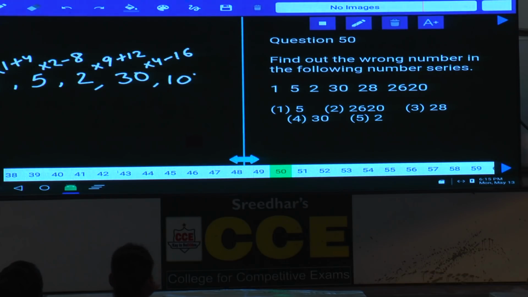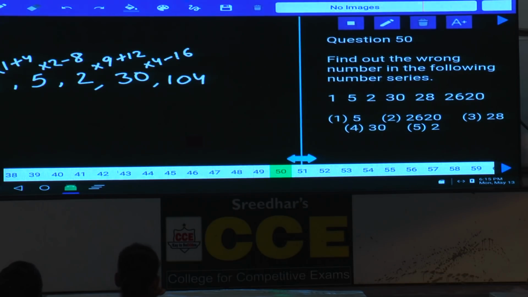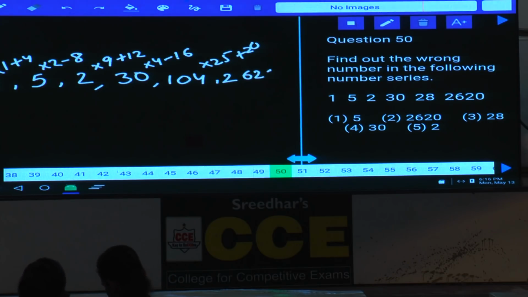If it is 104, what is the next number here? 104 into 25. What is 104 into 25? 100 into 25 is 2600, and what is added here? Plus 20 is added. Then what is the answer? 2600 plus 20, 2620 is the number.